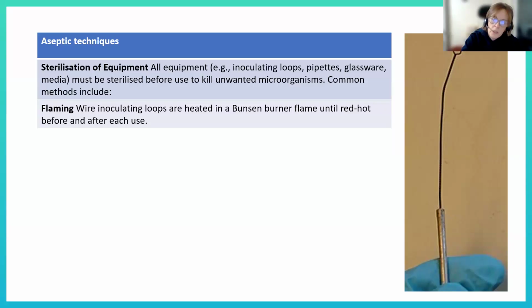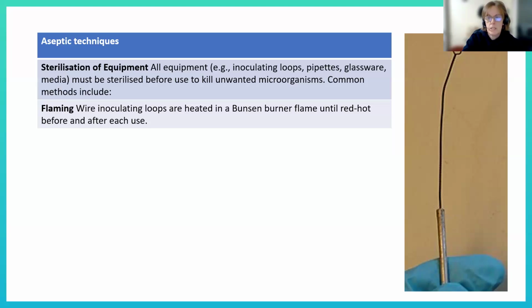So if we're moving bacteria around, we inoculate using one of these loops. The first thing we do is dip it in ethanol, which is highly flammable. Then we burn the ethanol off in the flame. So any bacteria contaminating this inoculating loop will get burnt off.